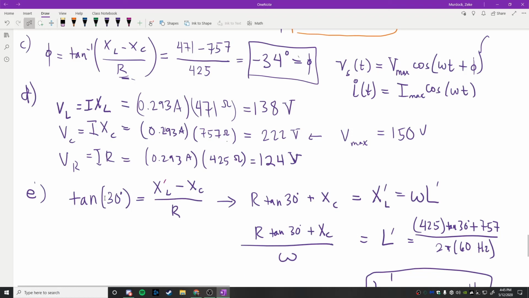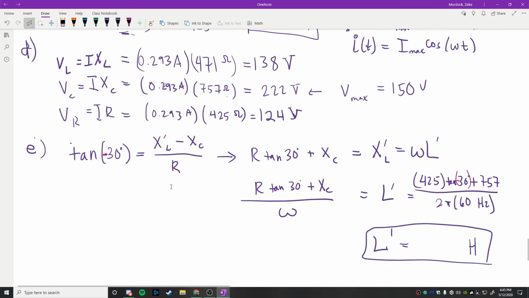Yep. It was negative before, right? So this one actually needs to be negative too. That should be negative, and that should be negative. That's going to change the answer, right? Yeah, I thought that answer was a little bit big there. What do you get now?